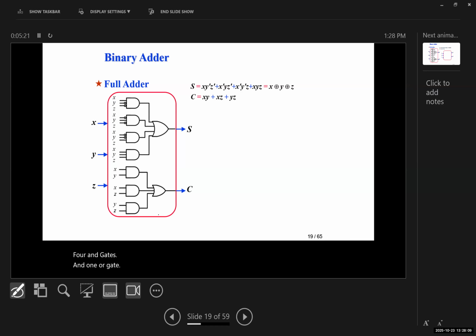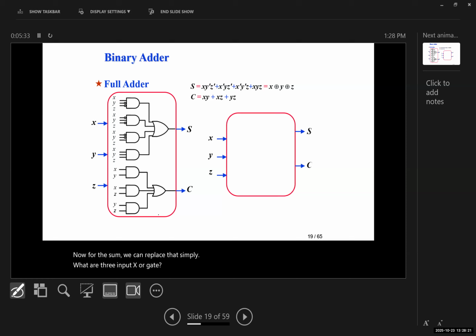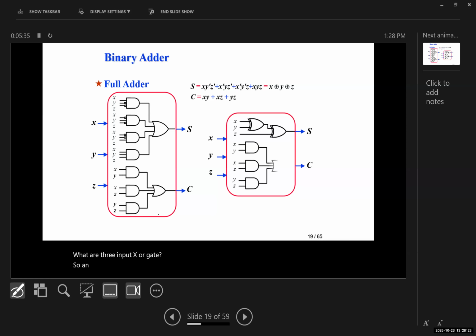And for the carry, we have 3 AND gates and an OR gate. Now, for the sum, we can replace that simply with a 3-input XOR gate. So an easier way to represent it is by just using a 3-input XOR or 2 XOR gates combined together. That creates our sum, and the carry is 3 AND gates and an OR gate.